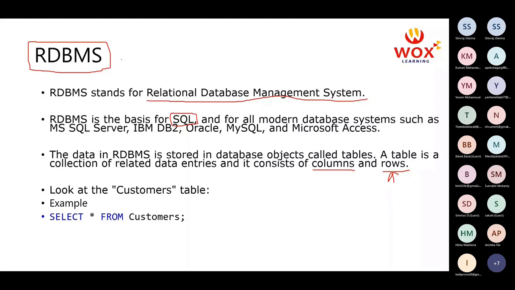From this RDBMS we have some databases with us. We have these types of servers: either you are working with Microsoft SQL Server, IBM database, Oracle, MySQL, or Microsoft Access. All these are part of relational database management systems.